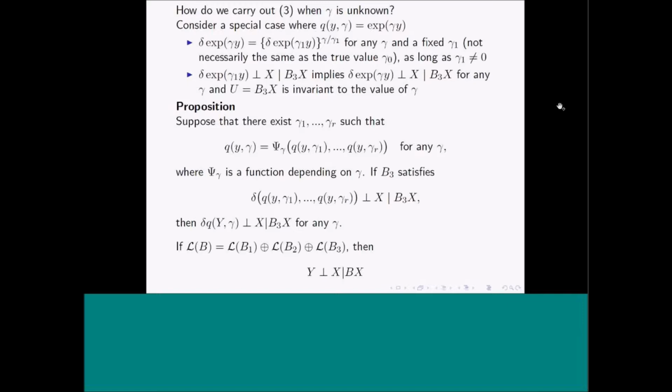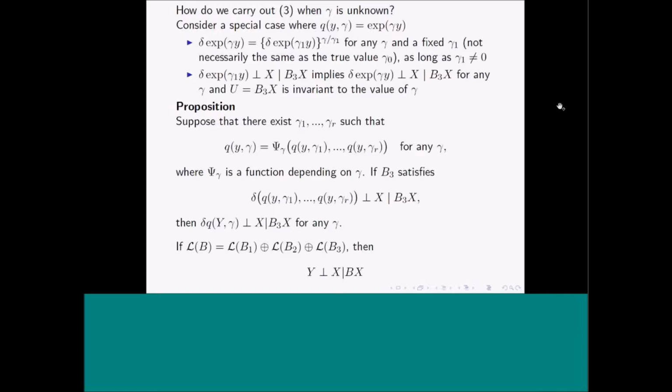It's not just the exponential of gamma times y. You could have an exponential of gamma times y plus beta times y squared or something else. And in that case, the function can be expressed in terms of several different known functions. For each of them, I fix a gamma, and that is not necessarily the true value, because I don't know which is the true value.